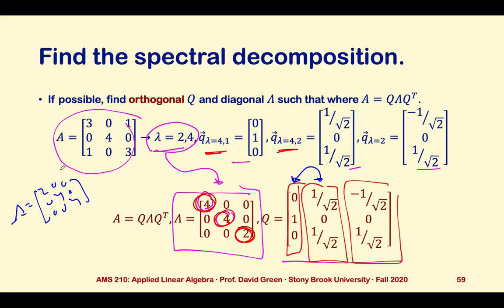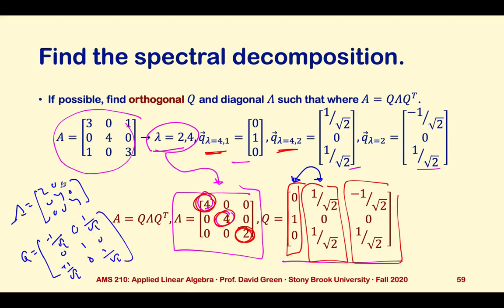And if we had done this, then our Q would have had to be constructed differently. It would have to start with the eigenvector for eigenvalue 2, and then the next two could take whichever order we want.